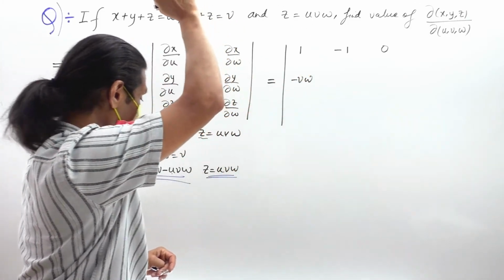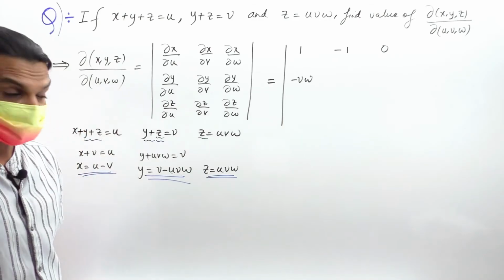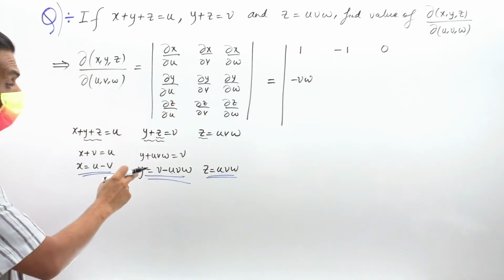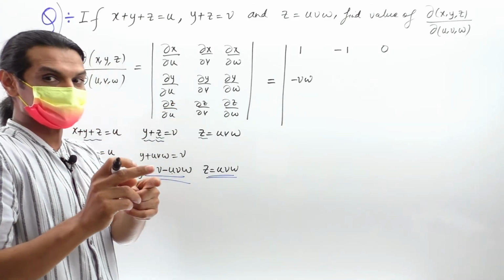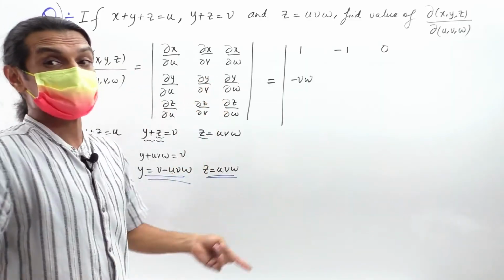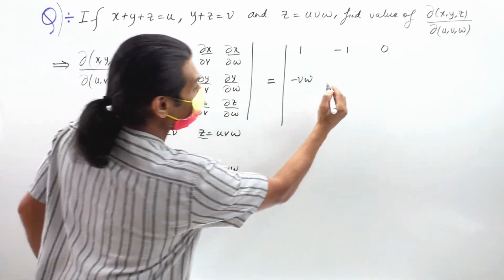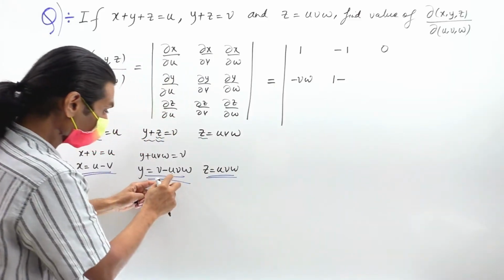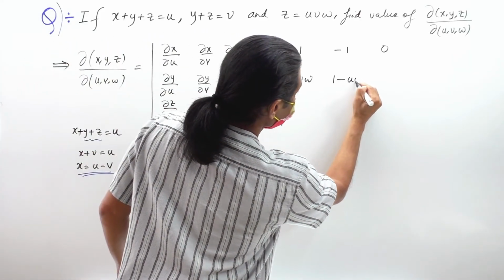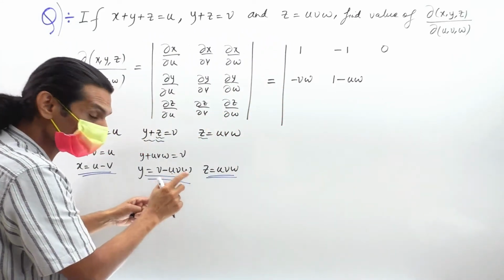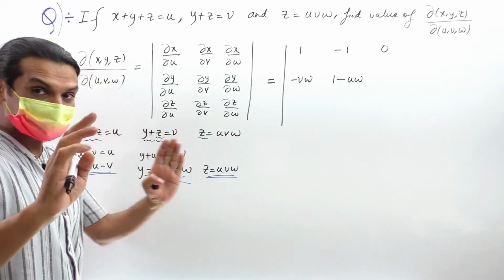So minus vw. Okay. Next, ∂y/∂v. We are differentiating y partially with respect to v. See, v gives 1, minus uw as it is, differential of v is 1. Getting it clear?